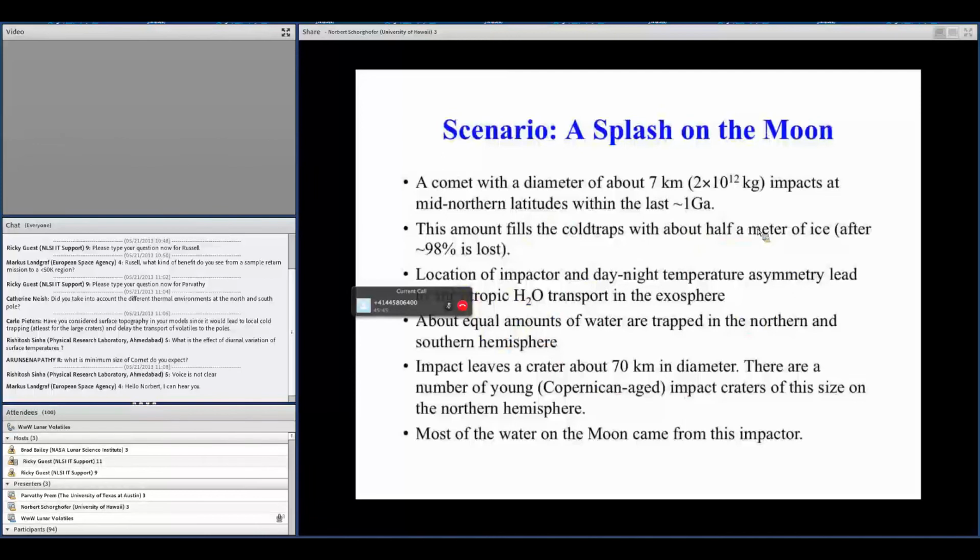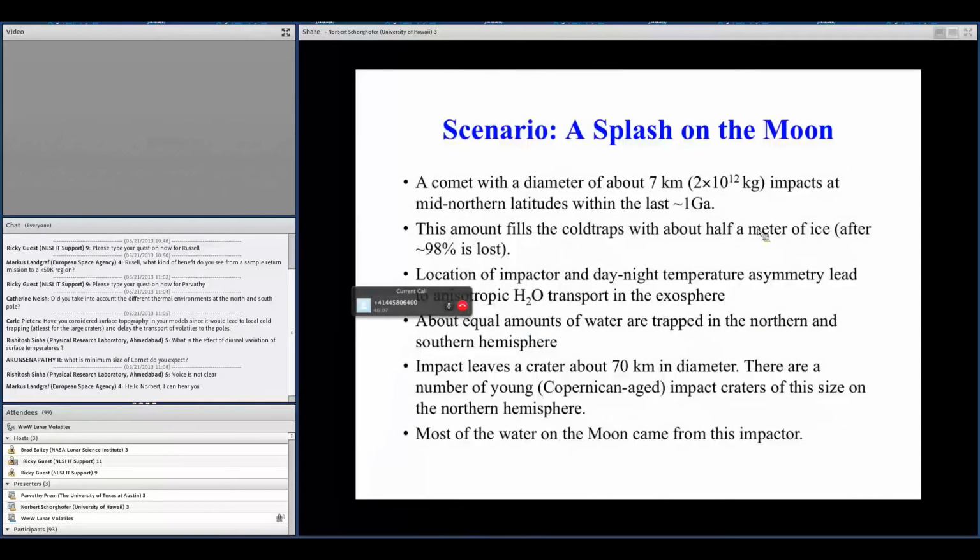And so here is summarized again, this is a scenario I call a splash on the moon, because it's a motion of impact, and one can figure out that if one takes about a 7 kilometer diameter impactor, then one gets sufficient water, half a meter or so, in 1,000 cold traps.